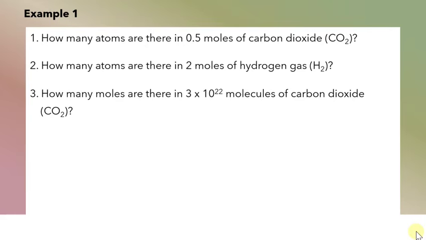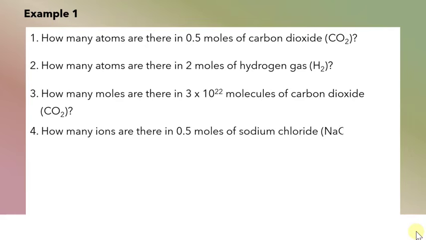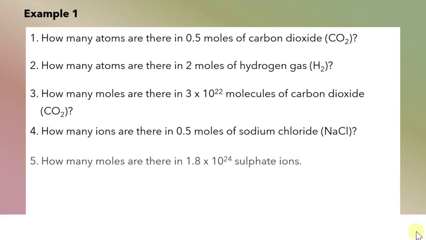Then number 3, how many moles are there in 3 times 10 to the power 23 molecules of carbon dioxide. Then number 4 says how many ions are there in 0.5 moles of sodium chloride. And then number 5 says how many moles are there in 1.8 times 10 to the power 24 sulfate ions.